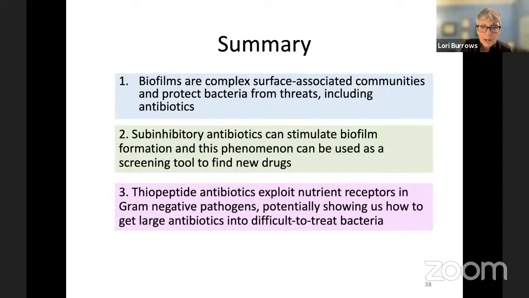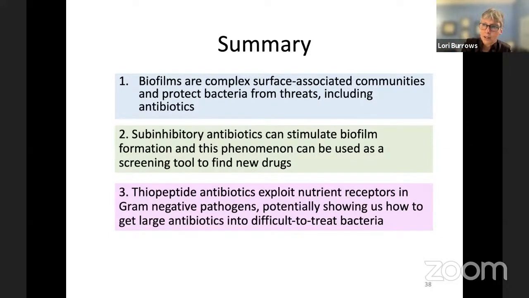So just to summarize what I told you today, biofilms are complex surface-associated communities, and they protect bacteria from threats, including antibiotics. I showed you that sub-inhibitory antibiotics can stimulate biofilm formation and that you can use this phenomenon as a tool to find new drugs.